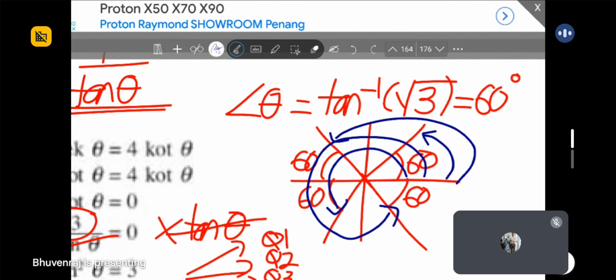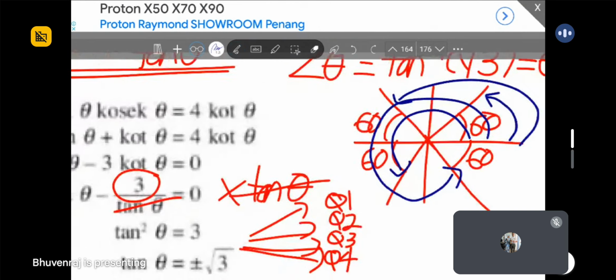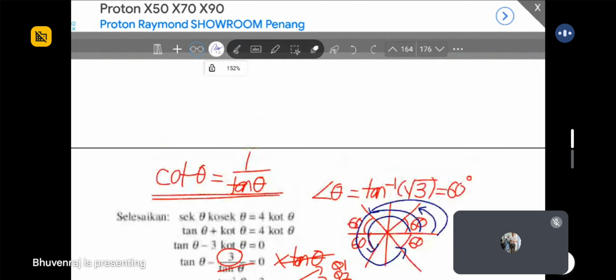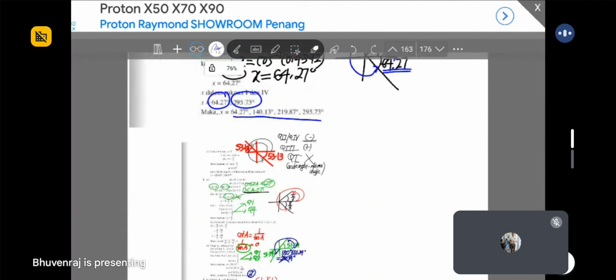Third, 180 plus 60. Fourth, 360 minus 60. Okay, so you will get all these answer. Okay, ini semua jawapan dia. Alright, very straightforward lah. Okay, dia senang saja. Alright, okay, so just make sure you consider all the possible cases when you solving trigo equation. Okay, kena lihat semua situasi.